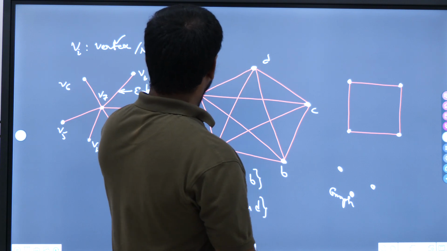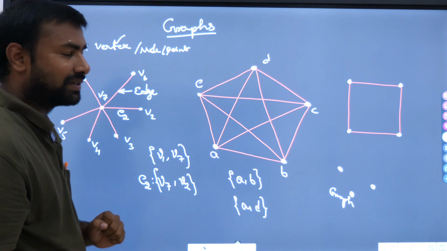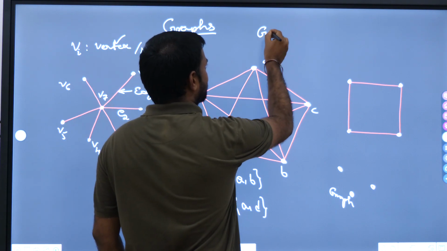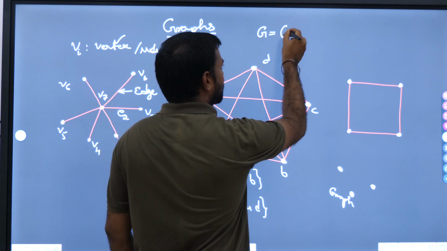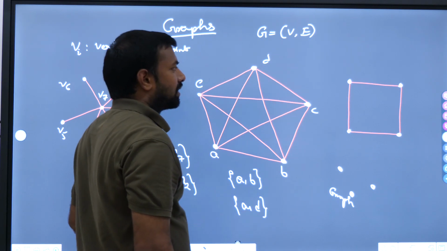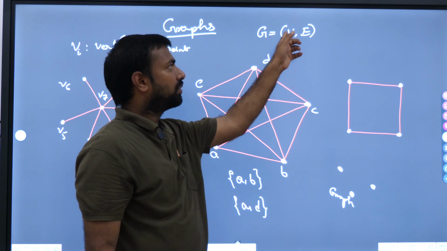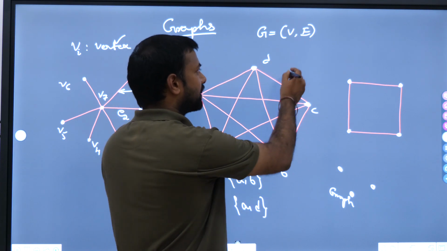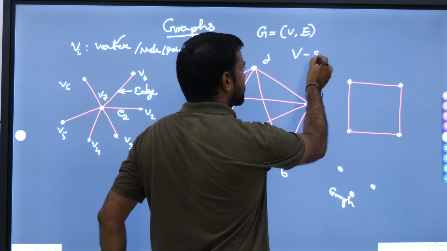Now we can look at the definition of graphs. A graph is nothing but a non-empty set of vertices with edges, where V is a set of vertices.